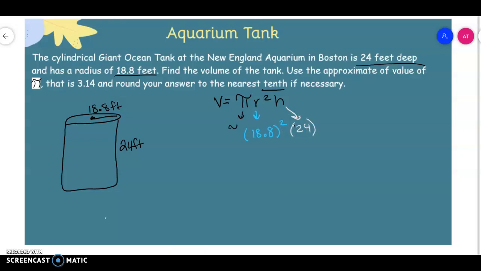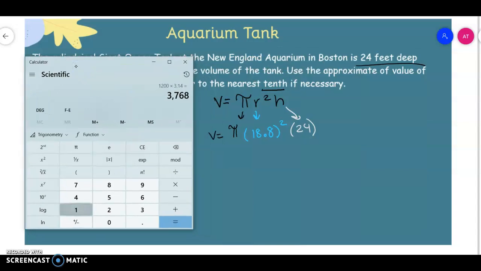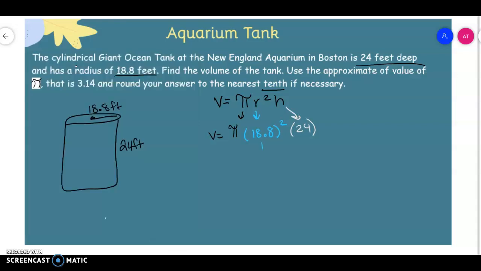So what I'm going to do, make sure everything is even and on the same playing field. I'm going to take my calculator now, and I'm going to take 18.8 and square it, which I get 354.4.